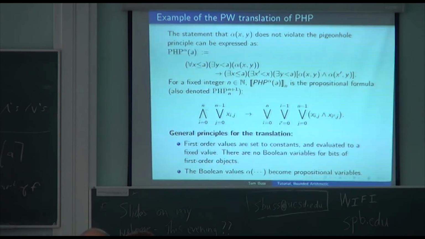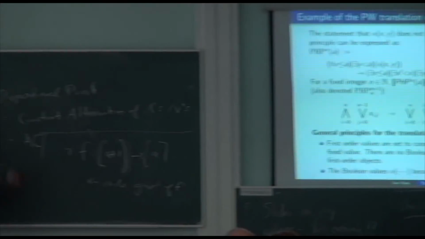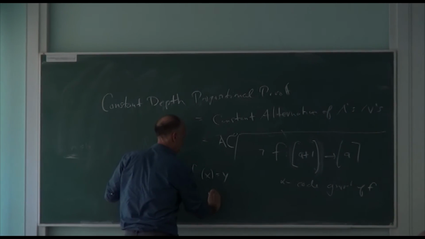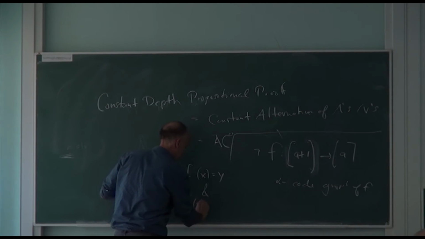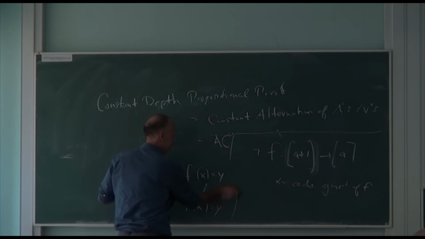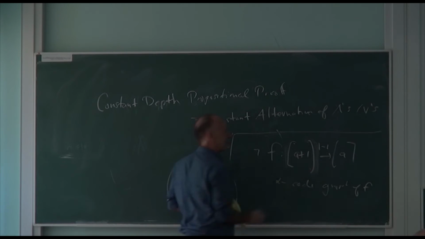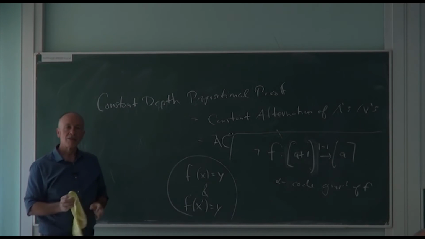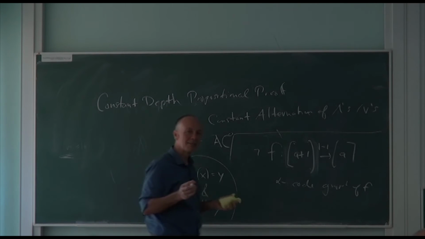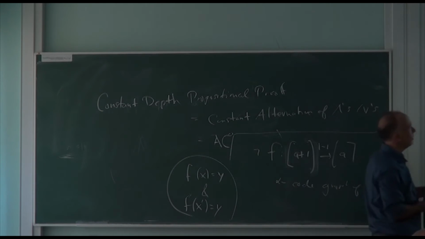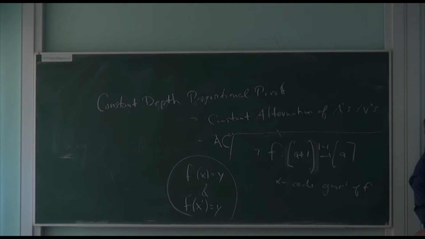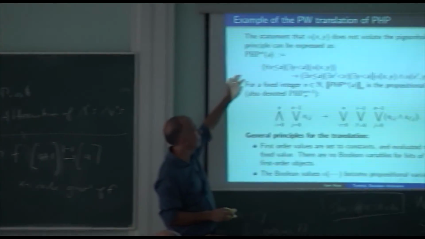So in other words, we have f of x equals y and f of x prime equals y, violating the injectivity. So the pigeonhole principle is telling us that we can't get an injective map from a set of size a plus 1 to a set of size a. And we can write it out this way using a second order predicate.